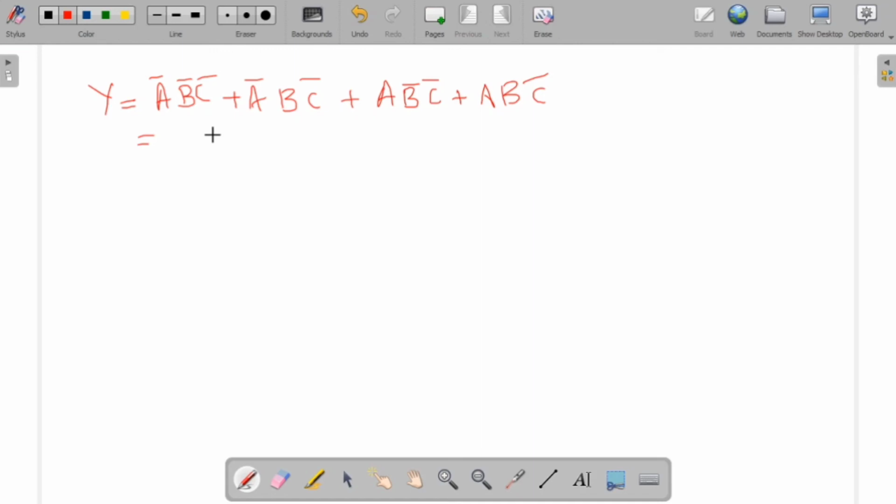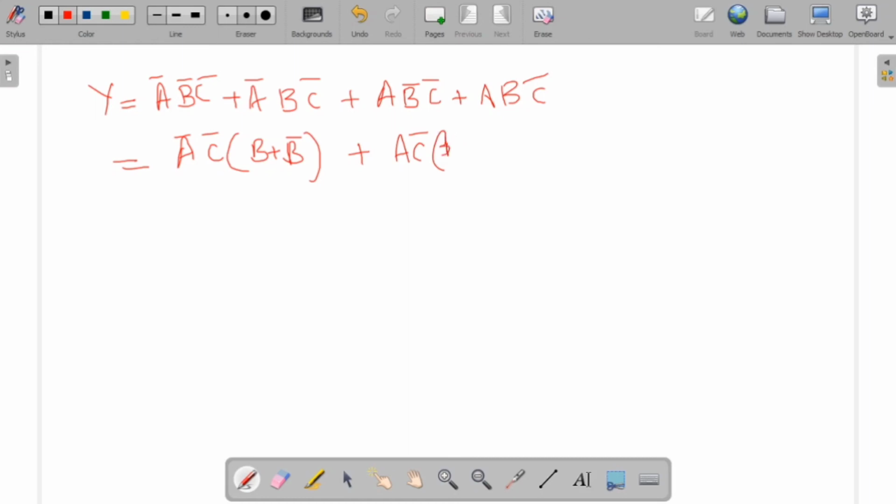First two terms, since A bar C bar is common, I can take like this. A bar C bar is common into B plus B bar, plus here A C bar is common. Just have a look, you can see like this.